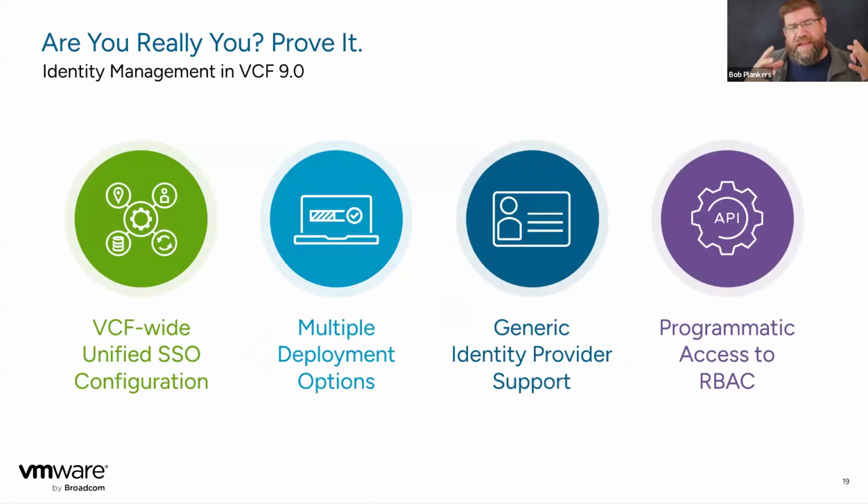The other thing that's exciting for nerds like all of us on this call is the ability to automate. One of the big things that happened in VCF 9 was a real focus on APIs and SDKs, standardization, and OpenAPI 3 based REST API bindings and all that stuff. A lot of work has gone into that. And part of it too is putting APIs where there might not have been APIs before.